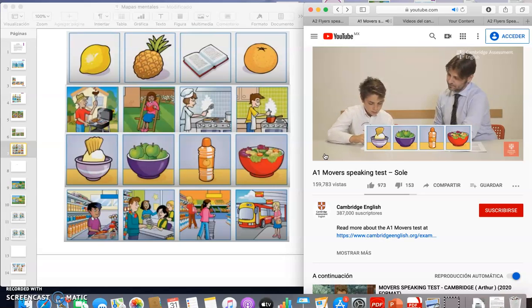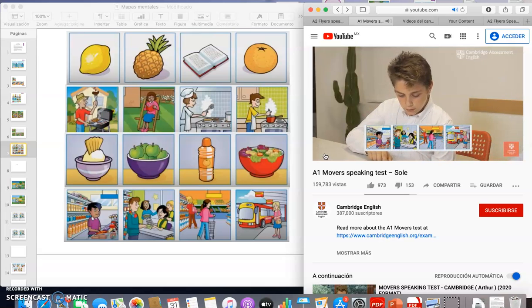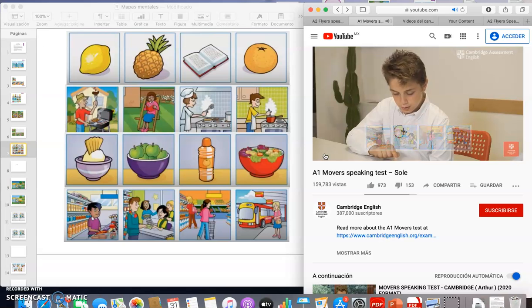The first, the second, and the fourth are eating, but the third is drinking. They are in a supermarket, but she is in a bus station.